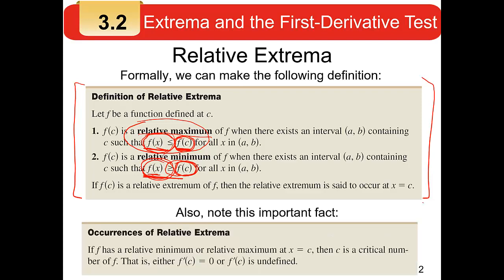I'd also point out that if a function has a relative minimum or relative maximum at a critical value c, x equals c, then that critical number is a place where the derivative is either equal to 0 or where the derivative is undefined. Remember, when we define critical numbers, that's the way we define them. C is a value in the domain of the function where the derivative is either equal to 0 or the derivative is undefined.